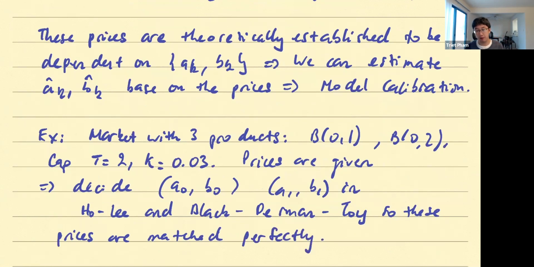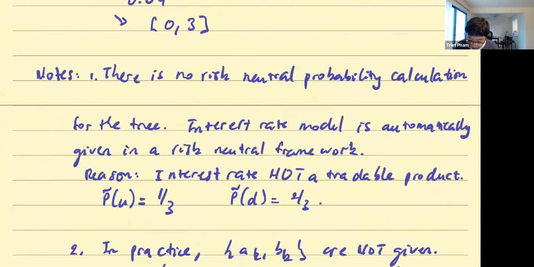So that's the usual kind of problem that a practitioner will face when they have a model and they want to calibrate it with currently known products. So that's where we were at last time.